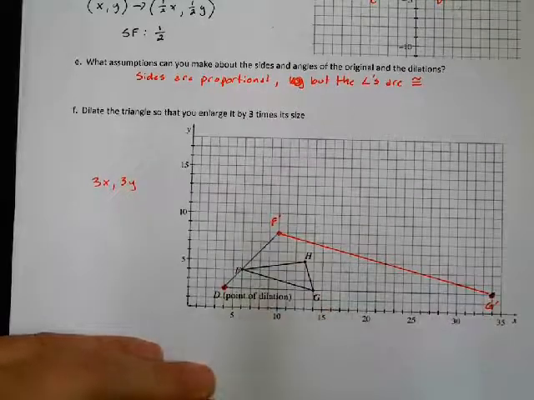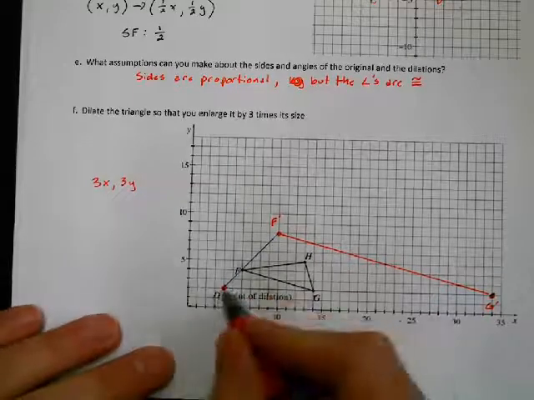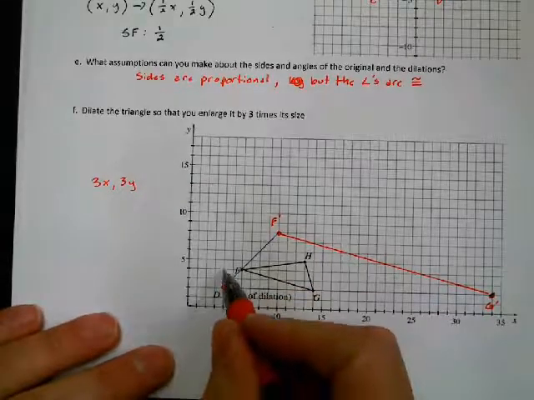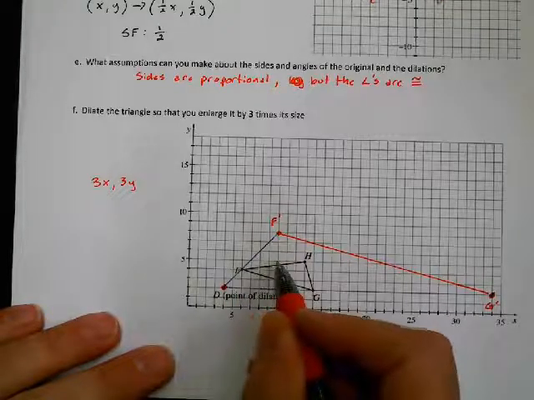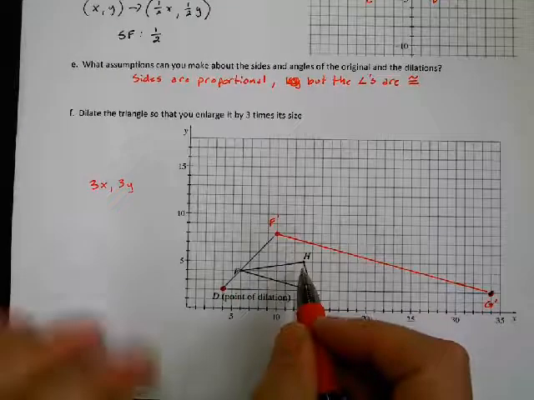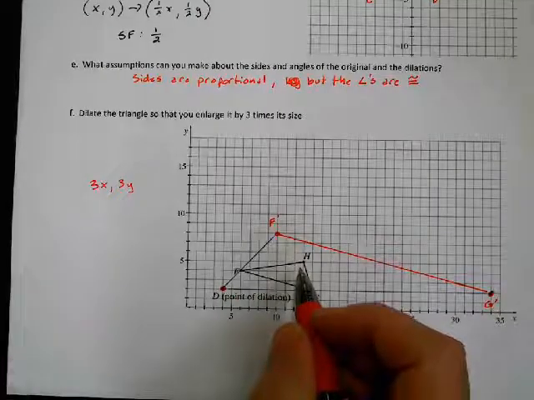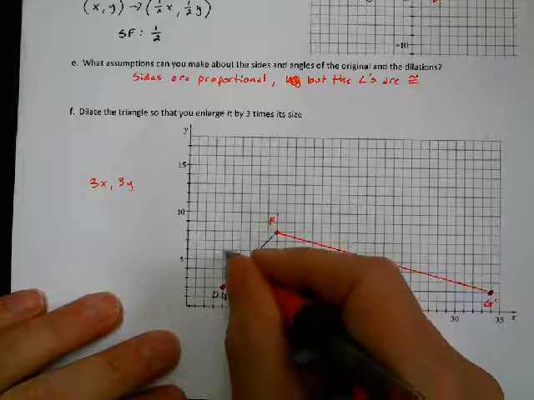All right, let's do H. So from D to H, I'm going up 1, 2, 3, and over 1, 2, 3, 4, 5, 6, 7, 8, 9. So up 3 over 9. If I triple that, it's up 9 over 27. Oh, wow. Okay, 1, 2, 3, 4, 5, 6, 7, 8, 9.